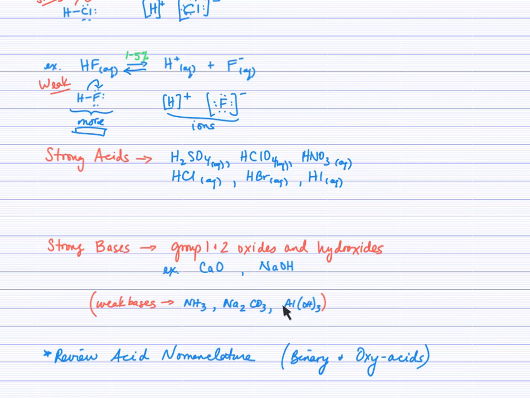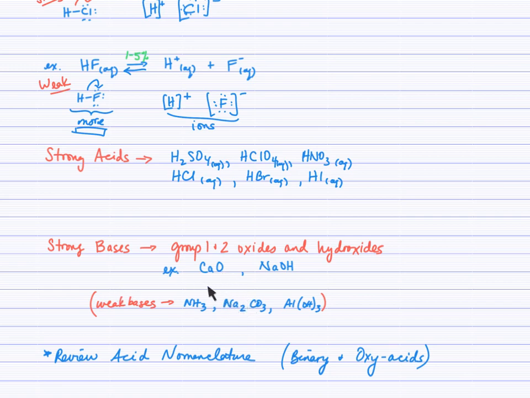So some examples, aluminum hydroxide, there's group 13 metals, so that's definitely going to be a weak base. Ammonia, sodium carbonate. So the carbonate compounds, a whole bunch of nitrogen-based bases are all weak bases. Any metal hydroxide, if the metal's not a group 1 or 2, that makes it a weak base.